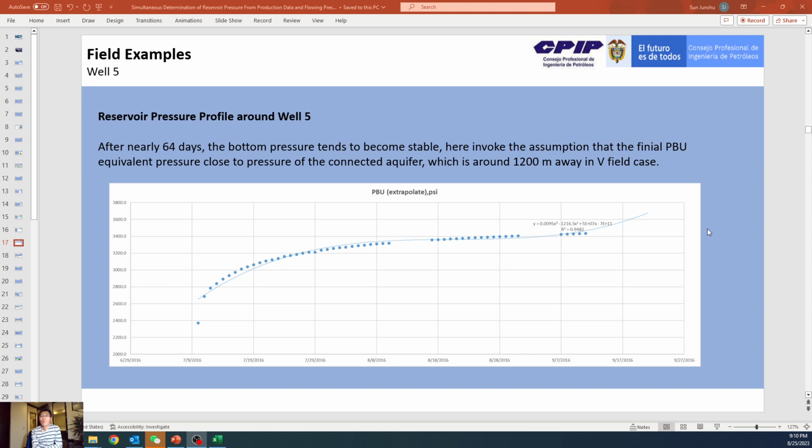So we can reasonably assume the final pressure of the buildup equals the pressure in the aquifer. And then we know the pressure near the wellbore and the times of the recovery.